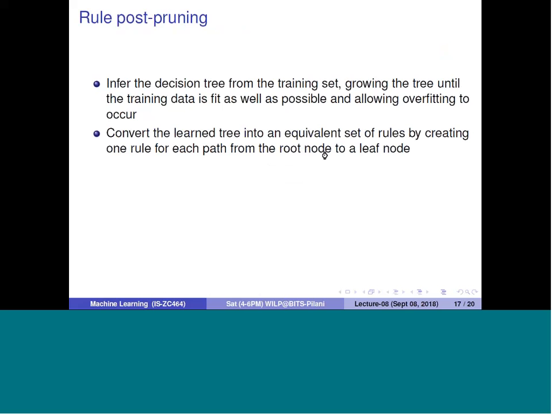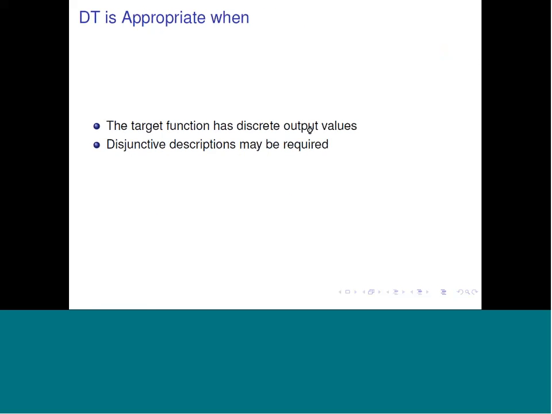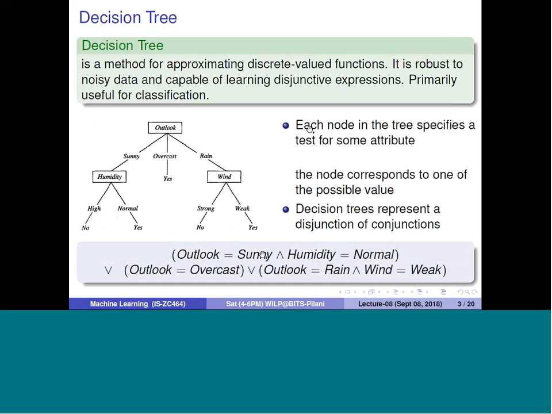So how can you create the rules? We have seen this in the example also. Here we have written the rule. You understand how we can write this rule? That is very straightforward. Outlook is equal to sunny and humidity is equal to high, then it is no. Humidity is equal to normal, then it is yes.